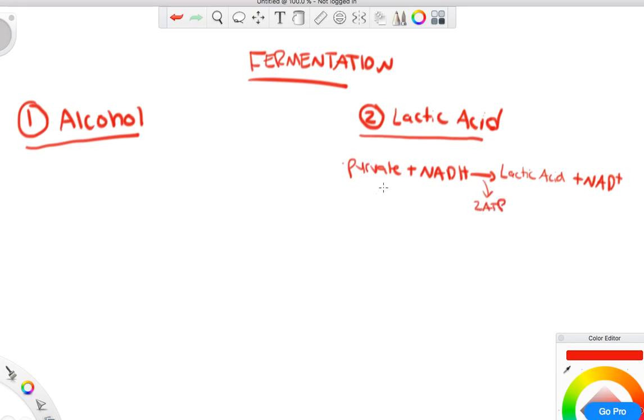It's very, very inefficient. Now, you may ask, oh, and here it's going to be pyruvate plus NADH to form alcohol plus CO2. This is the other thing. Alcohol, you'll have CO2. Lactic acid, you will not produce CO2.